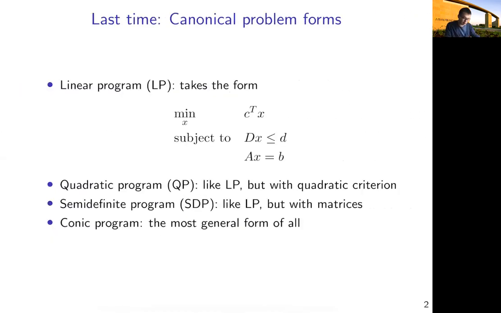All right. So last time we took a look at the canonical problem forms and gave a tour with many examples from linear programs, quadratic programs, second-order cone programs to semi-definite programs.